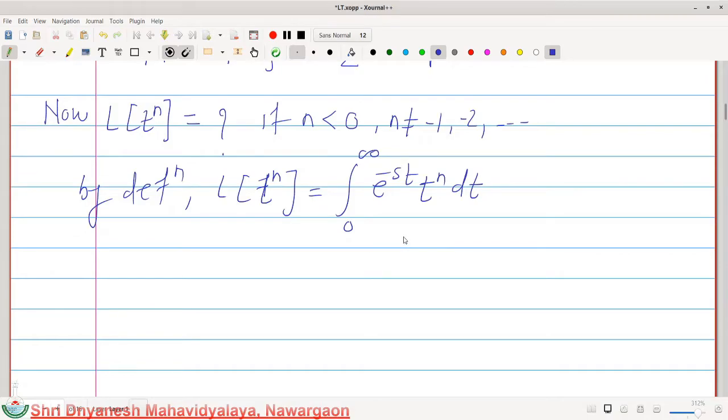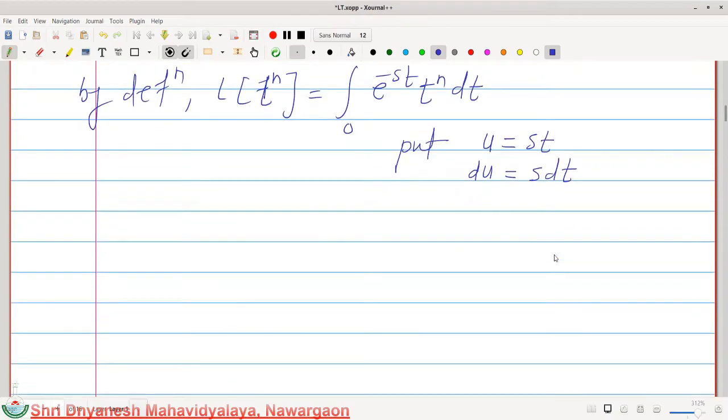And what will we substitute? We have already used t as a variable, so let us use u. Put u equals st, then what will be du? It will be s dt. Okay, and what about the limits?